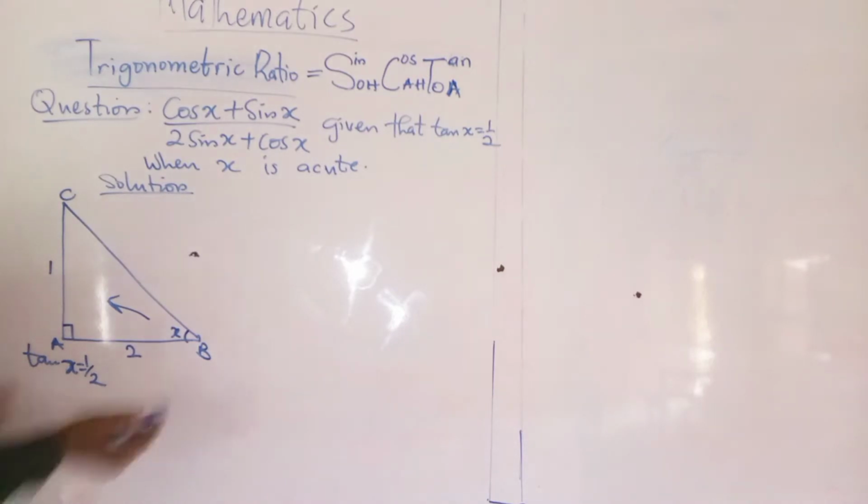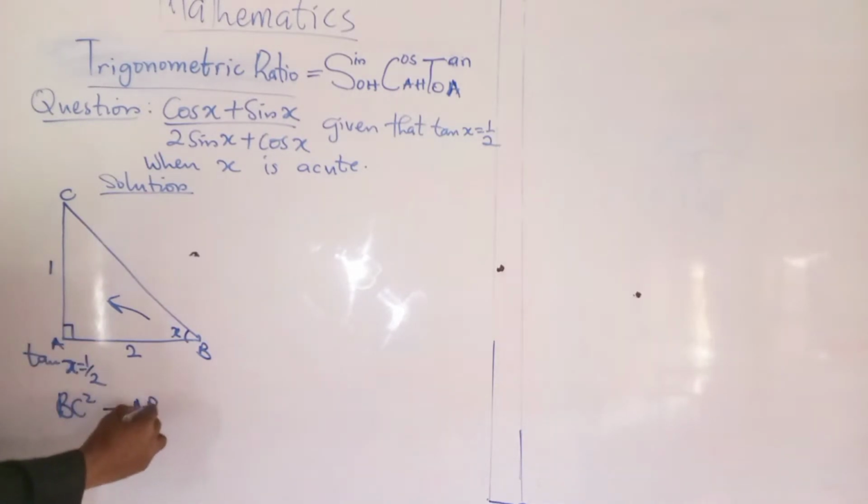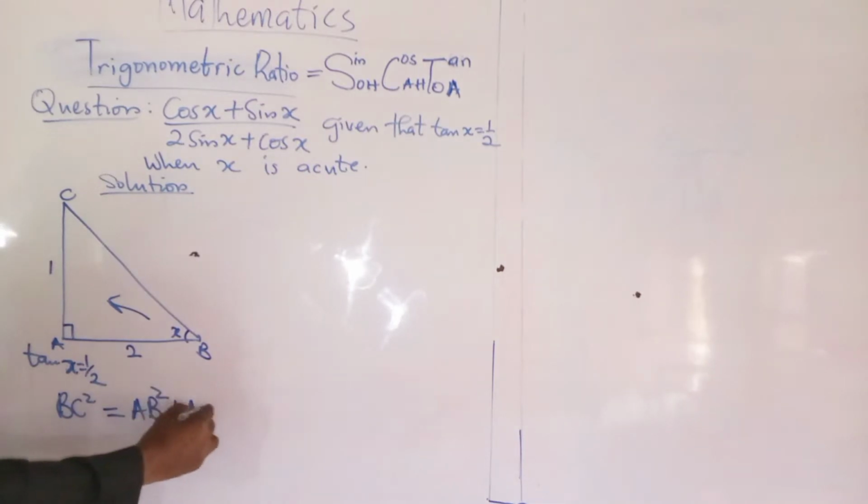So we have BC squared is equal to AB squared plus AC squared.